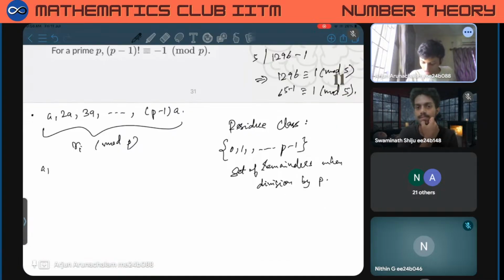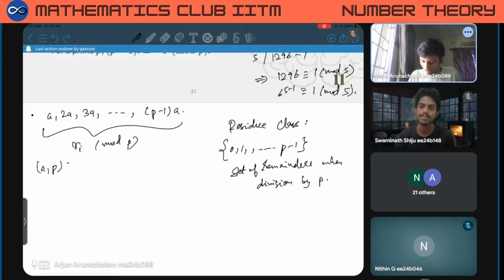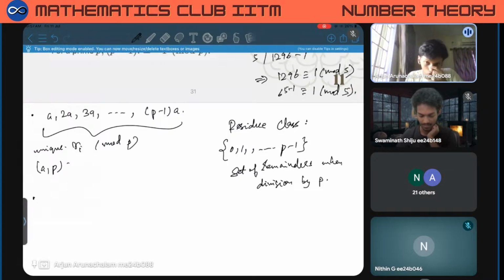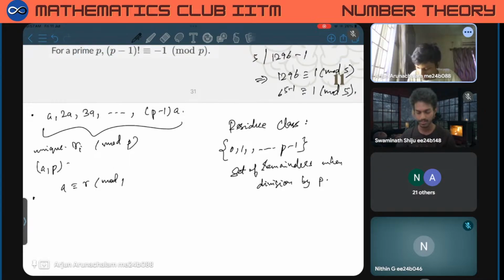Note that since a is co-prime to p, all of these will correspond to a unique ri mod p. Why? Let's say a is congruent to r mod p, and 2a is also congruent to r mod p.